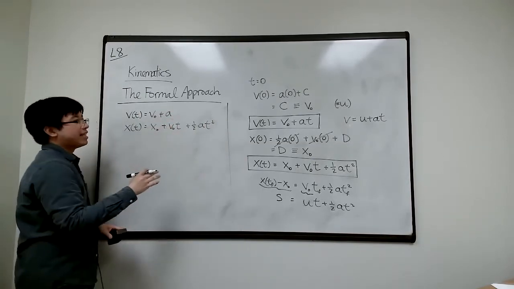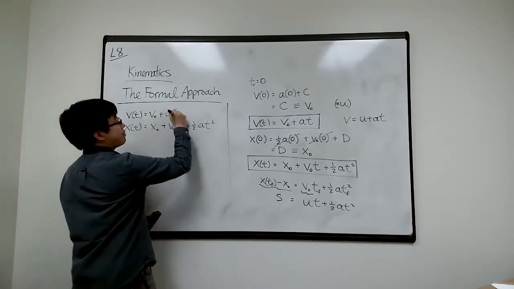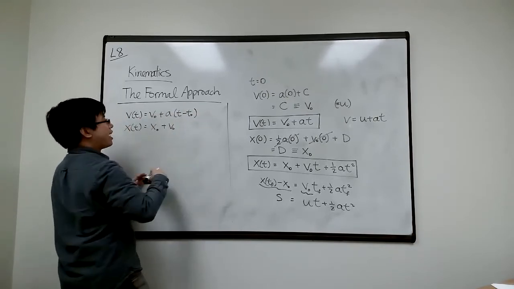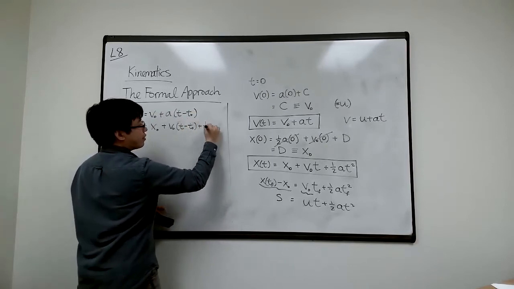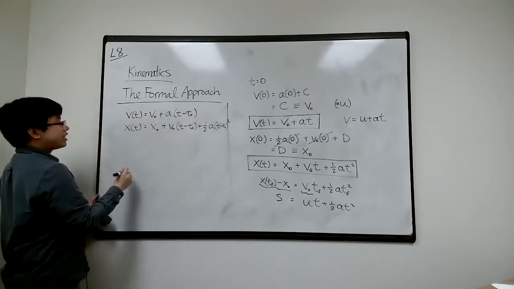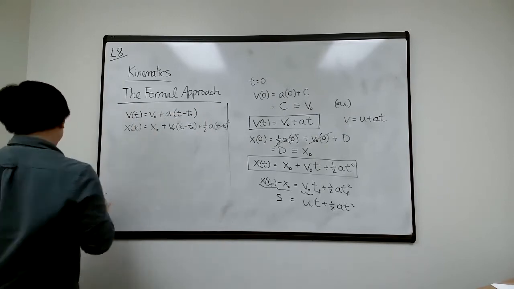Your starting time does not necessarily have to be at t equals 0. You can start at a different time. So you can write it like this, with v naught times t minus t naught plus 1/2 a times t minus t naught squared. And you can rearrange this to get the other two as well.